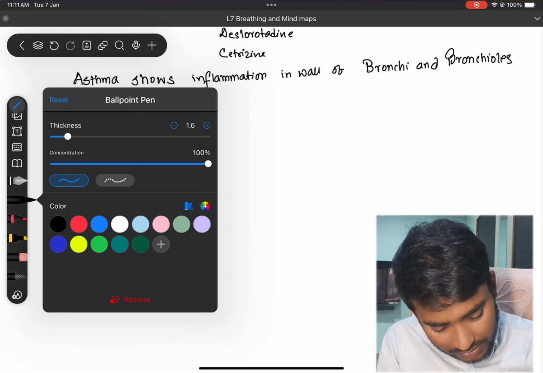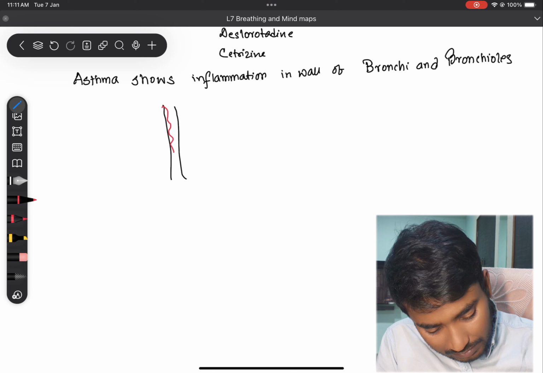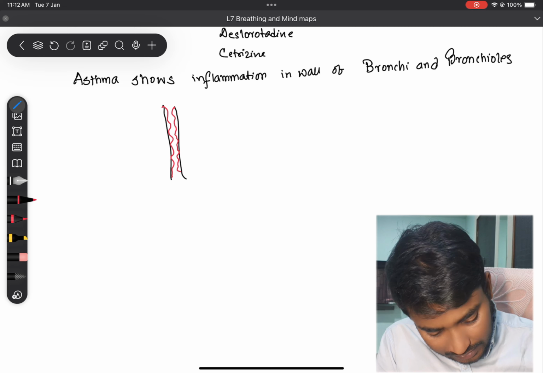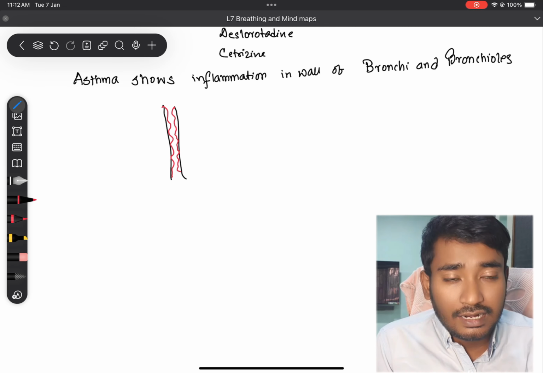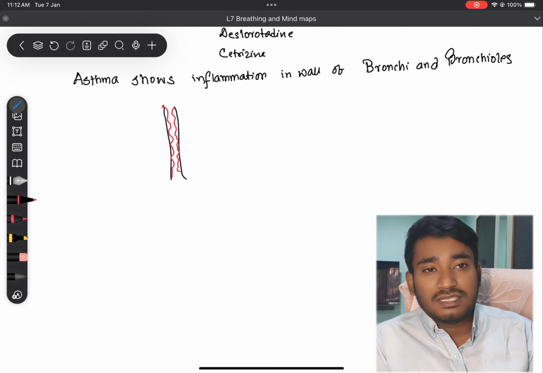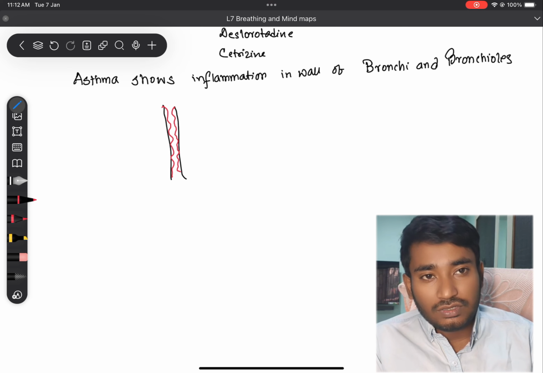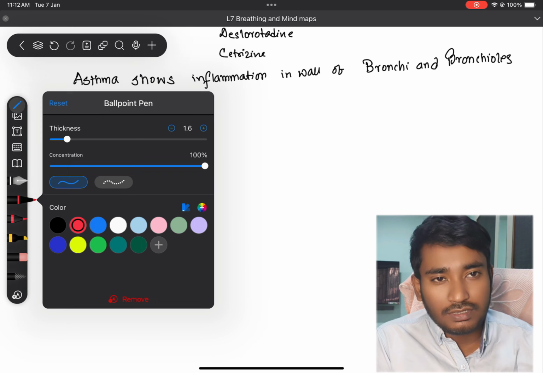If inflammation occurs here, the passage will get narrower. Thus, what happens? The passage for passing the air reduces, so hypoxia triggers. So we feel lack of oxygen, we feel lack of breath, that is what we call hypoxia.